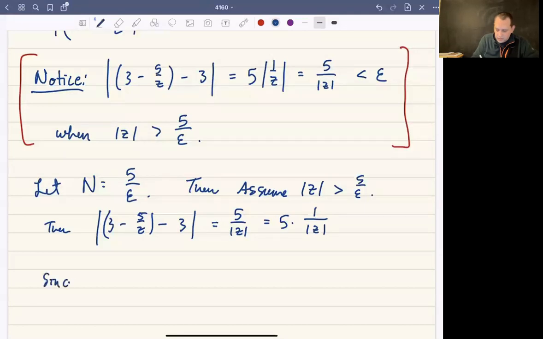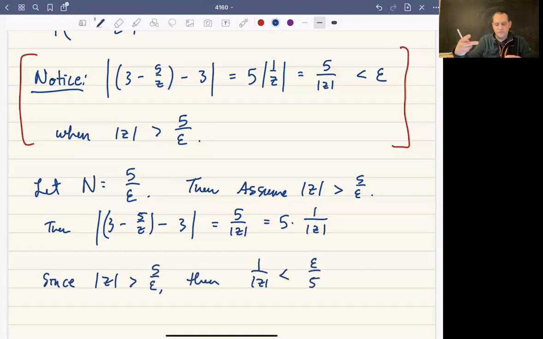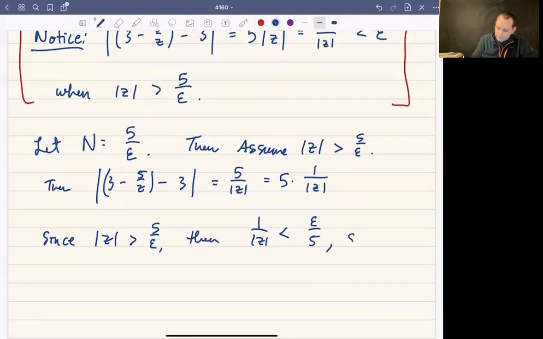Since the modulus of z is bigger than 5 over epsilon, 1 over the modulus of z is going to be less than epsilon over 5, because when you reverse the inequality, you flip it, and vice versa. And so this is going to be less than 5 times epsilon over 5, which is epsilon, which is exactly what we wanted.